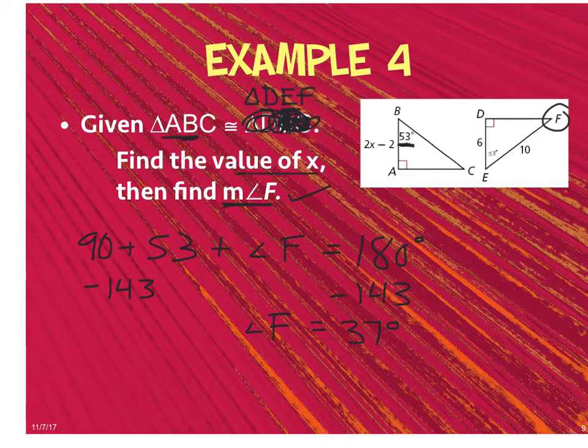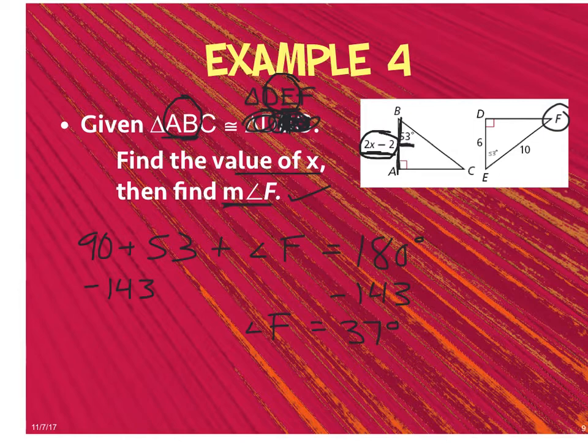Now we have to find the value of x. So x is talking about the side of the triangle. So we need to find this side of the triangle. We know that AB, so just looking at AB, the first two is congruent to DE.